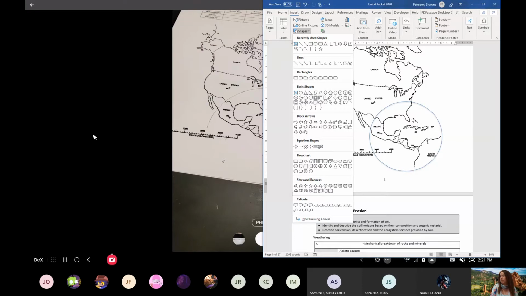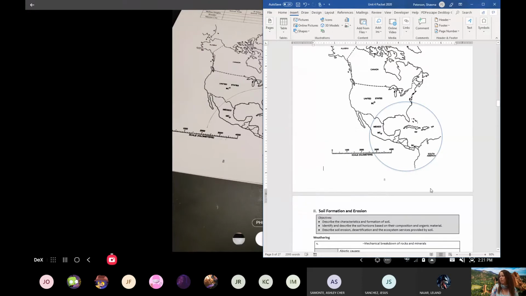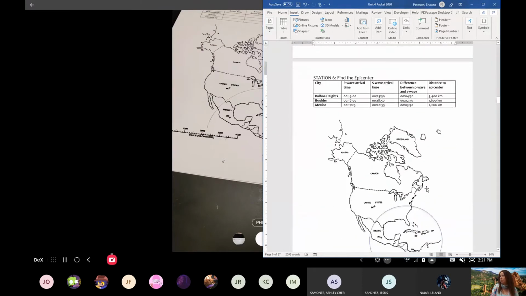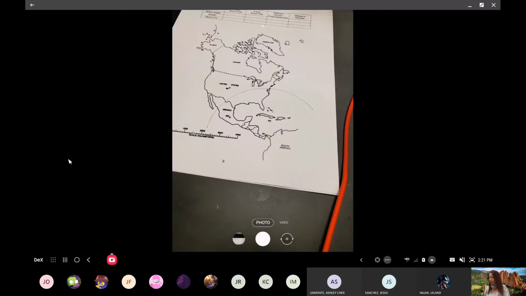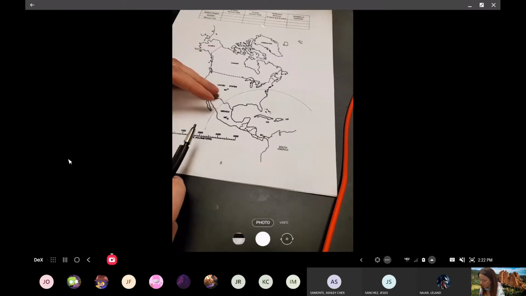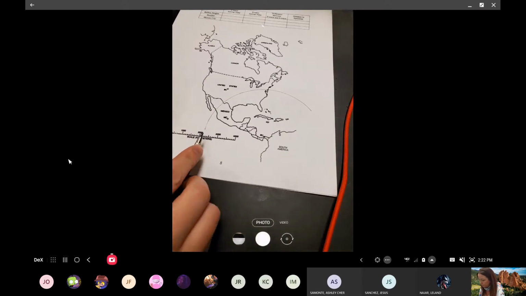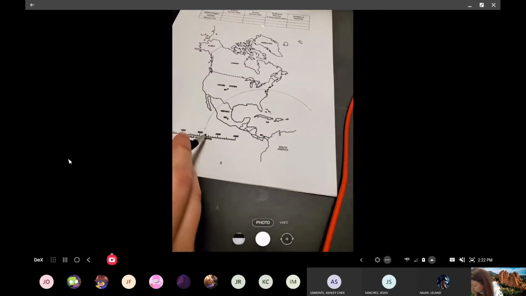All right, I'm gonna go back to my table and get my second measurement, which is 1,600 kilometers from Boulder, Colorado. Yes, we have seismograph machines here. That was kind of redundant to say, but 0 to 1,600.